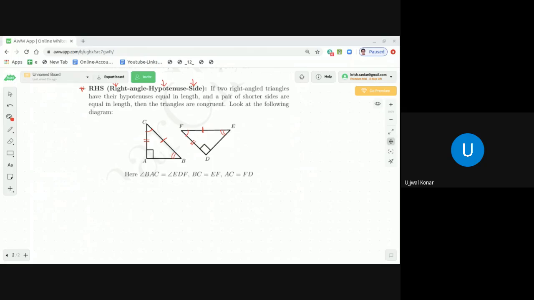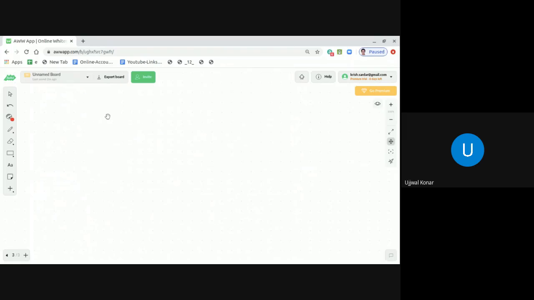Let me show you by means of an example why SSA or ASS doesn't always guarantee that two triangles are congruent. I'm going to take you to the next page to explain very important information, so have a look, dear students. So what is our point of discussion now?